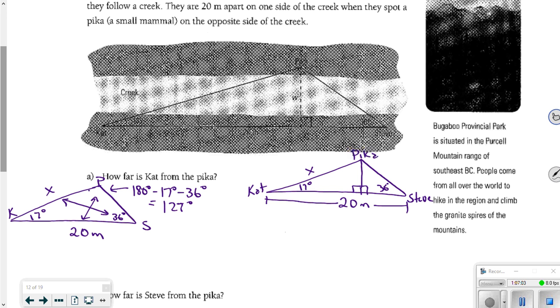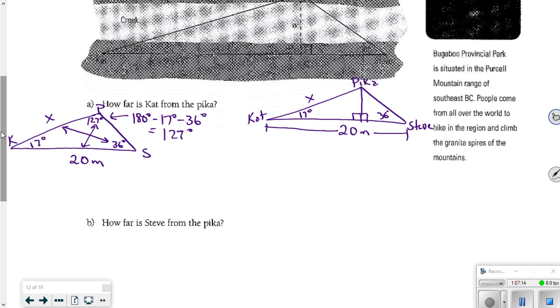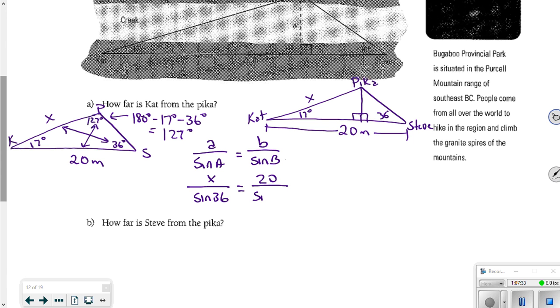So if this is 127, I can use that pair that I know both parts of to find the side across from the 36-degree angle. I'm using my sine law to solve for a side. So I need a over sine A equals b over sine B. So x over sine of 36 equals 20 over sine of 127.